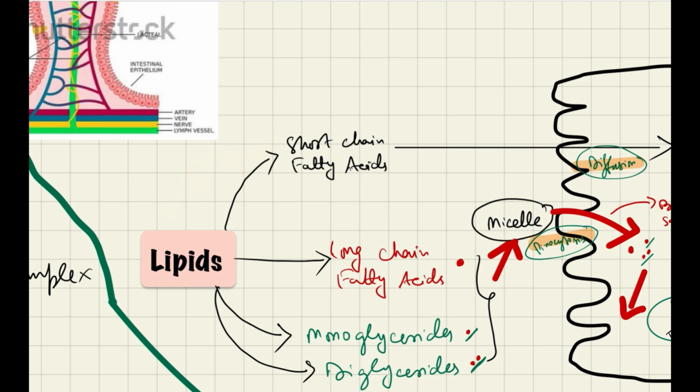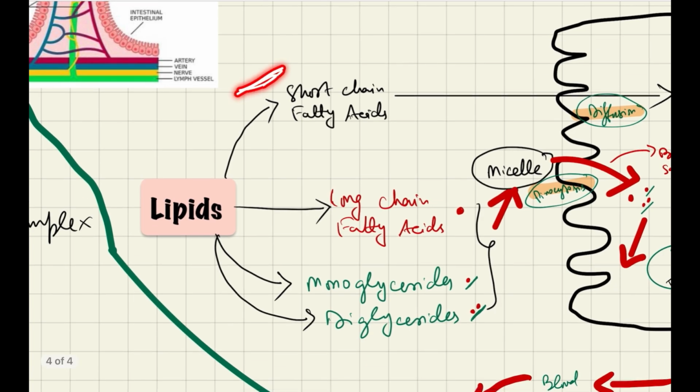In a very simple way we can say the end product is either a glycerol molecule or fatty acid chains, or monoglycerides, which is one fatty acid chain and a glycerol molecule, or diglycerides, which is two fatty acid chains and one glycerol molecule.